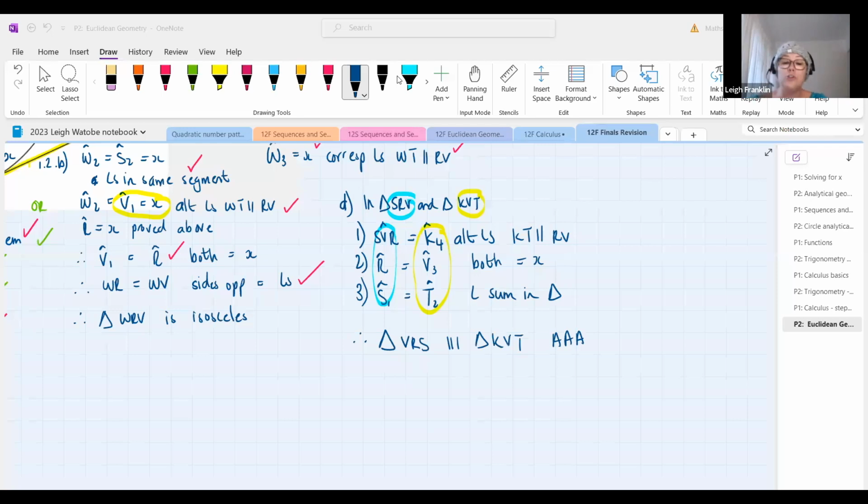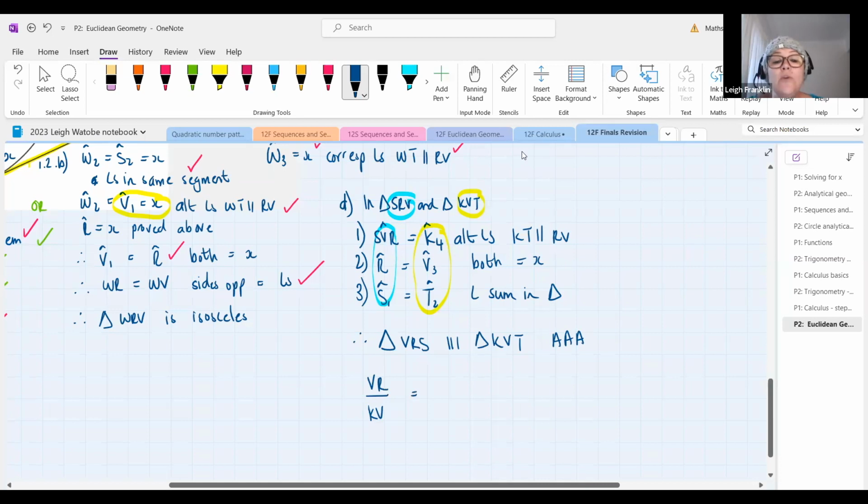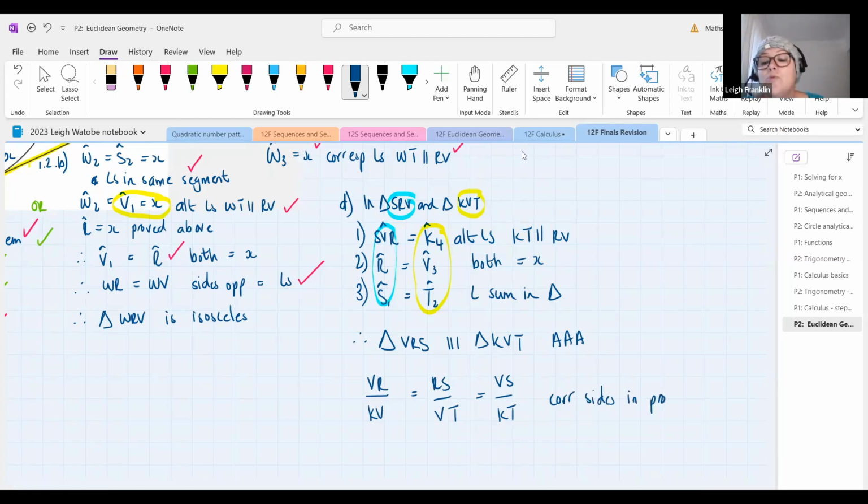It's very important. Okay, so now we can launch into VR over KV is equal to RS over VT is equal to VS over KT, because they are corresponding sides of similar triangles in proportion.